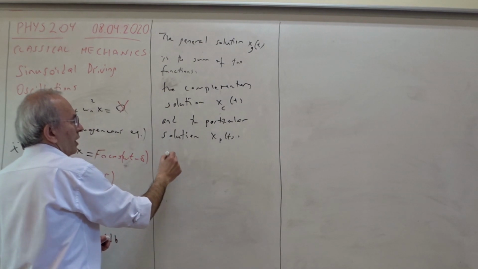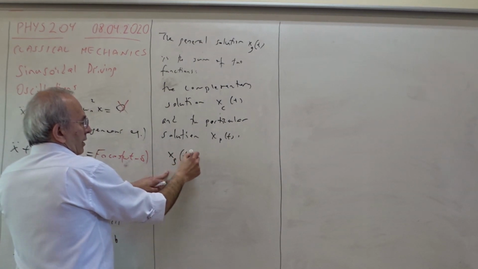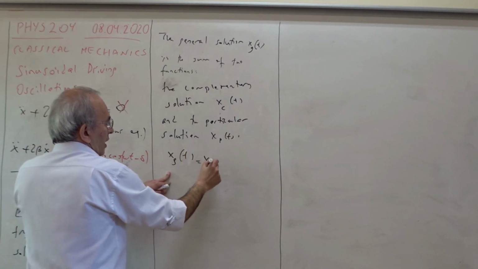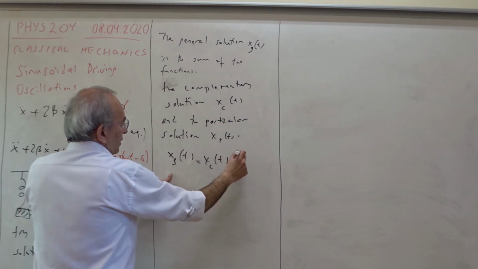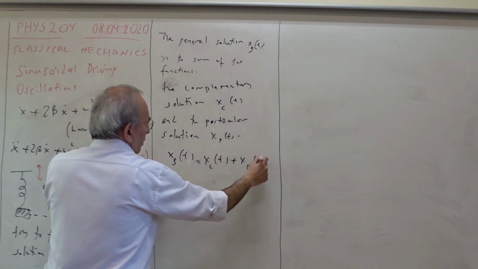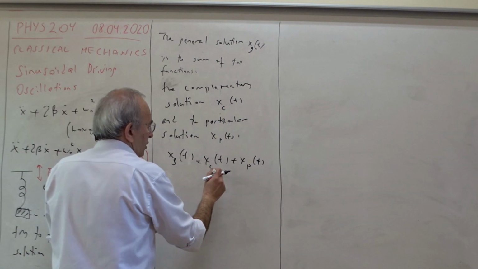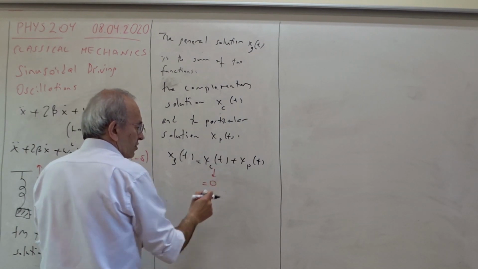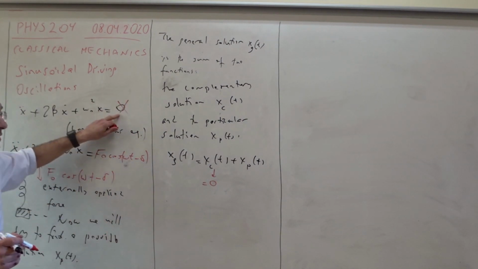So we mean the following: x general is the sum of x complementary of t and x particular of t. This is for the case where we have 0 on the right hand side.